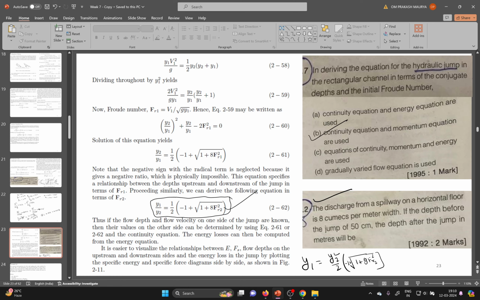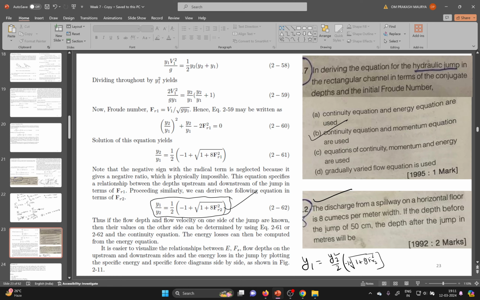The discharge from a spillway on a horizontal floor, here also theta is 0, is 8 meter cube per second per meter width. If the depth before the jump is 50 centimeter, what is the depth after the jump in meter? In the previous first question the width was given, but in this question they are asking about the other depth.